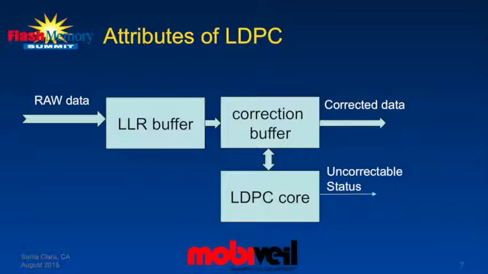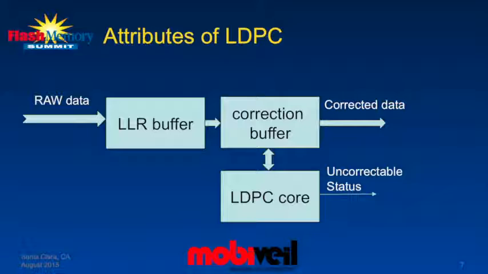The actual correction buffer in most of these is in 2 different places, so it can switch from one to the next without a delay. The LDPC core itself goes through a set of iterations as it does its work. It goes through all the data one time, and that's called one iteration. Once it does that, it can know if it has corrected everything or if it hasn't. If it's done its work, it sends the data on.